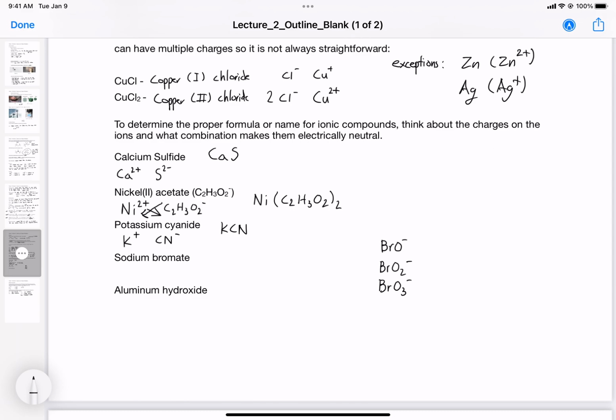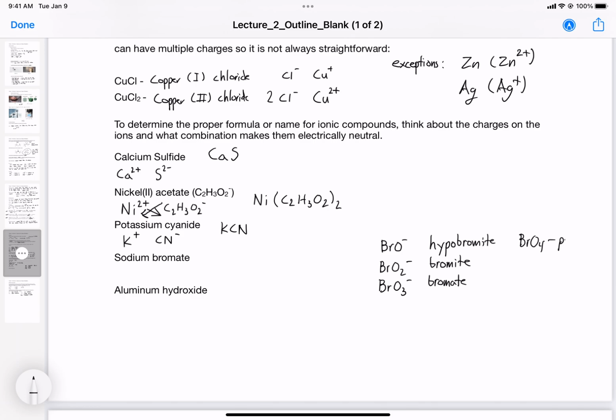So this is hypobromite. This is bromite. This is bromate. And then lastly, BrO4 minus.